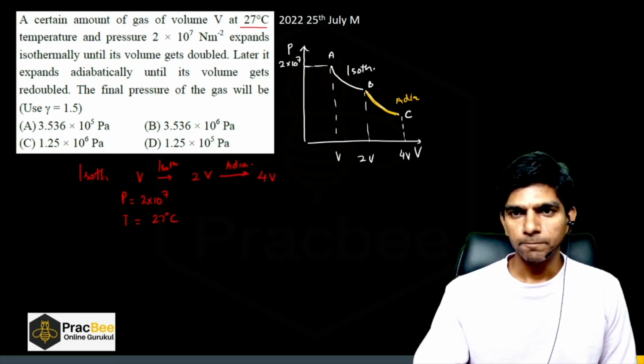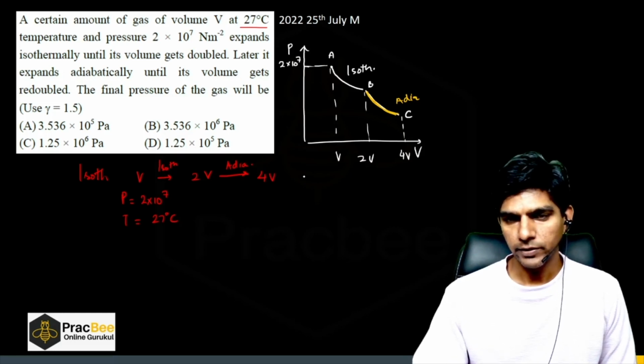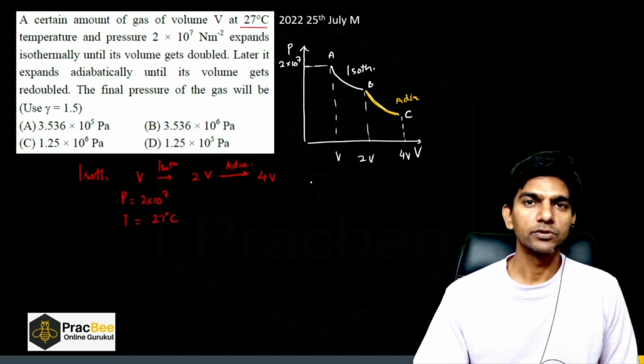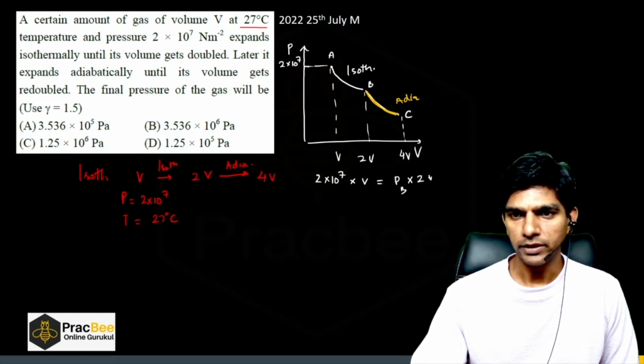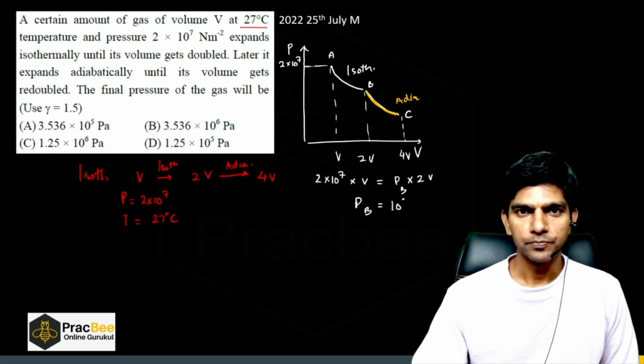Okay, so can we find the pressure at B? Yes, we can find pressure at B, because for isothermal process, P1 V1 equals P2 V2. So we can say 2 into 10 raised to 7 V equals pressure at B times 2V, right? So pressure will become half. So it becomes 10 raised to 7 Newton per meter square.